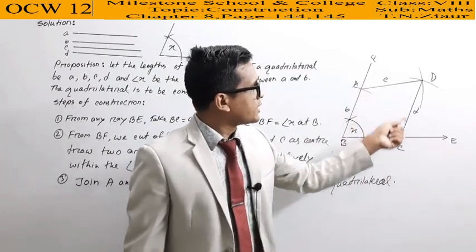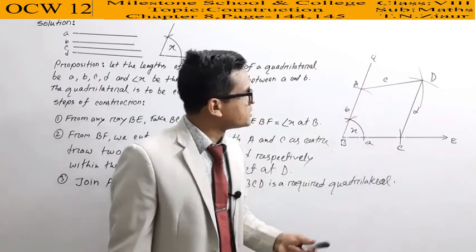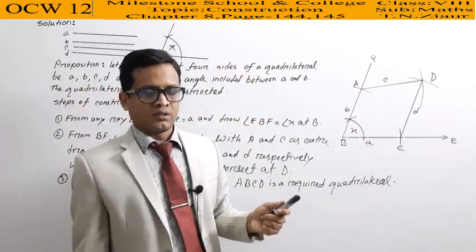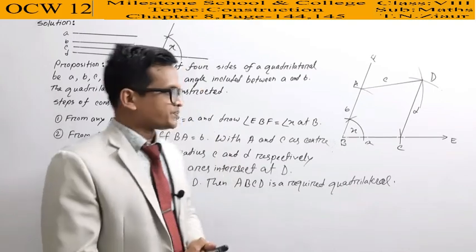So join AD and CD, then we will get ABCD as the required quadrilateral. I hope you understood this one.